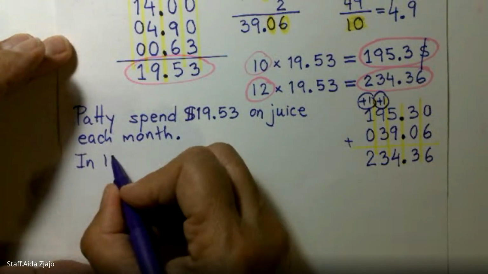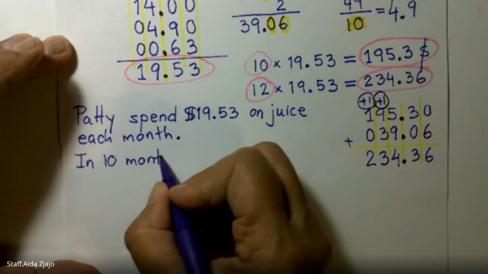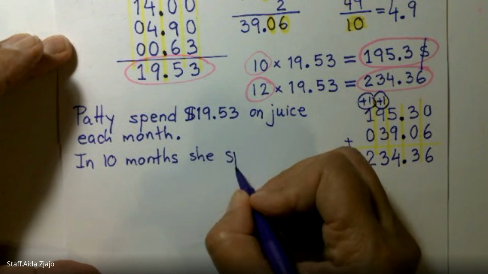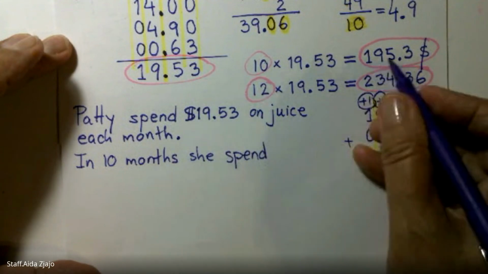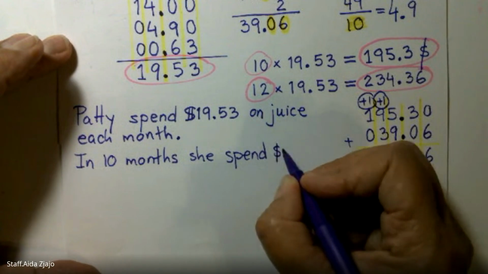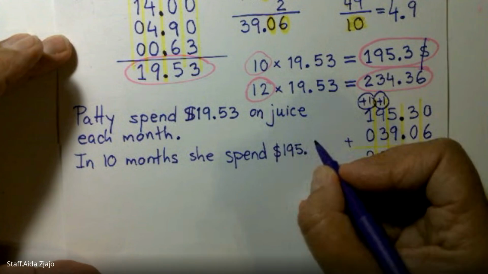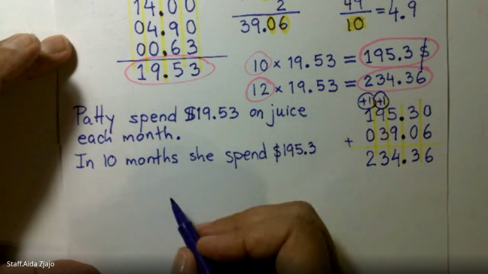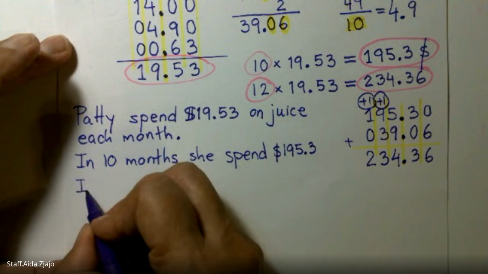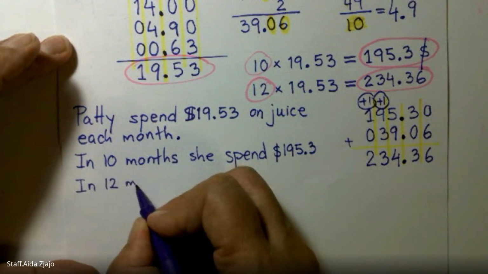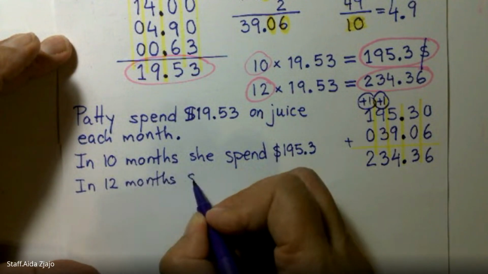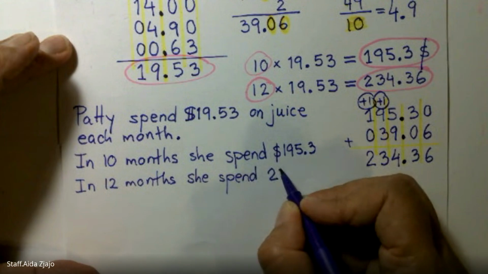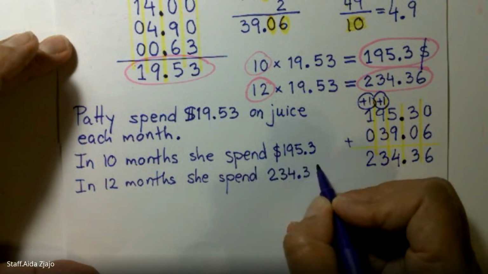In 10 months, she spent this, $195 and 3/10 of a dollar, or 3 dimes, and in 12 months she spent $234.36.